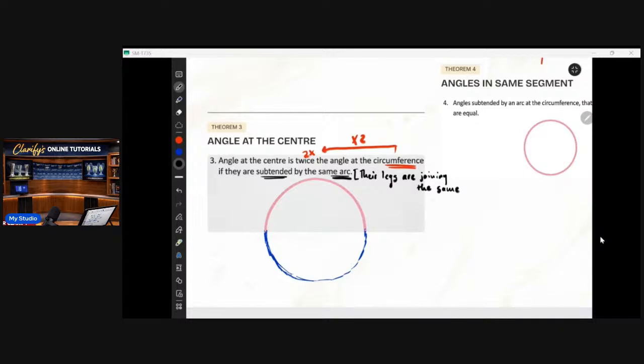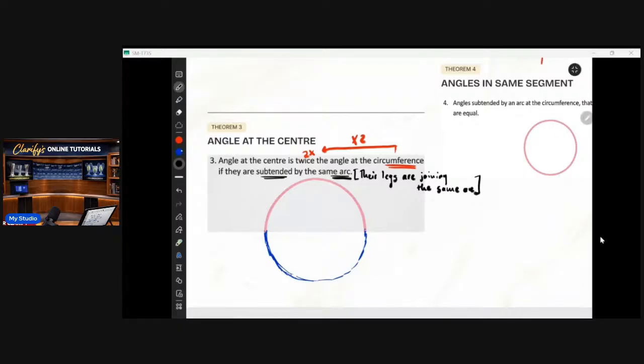Let's see what we mean. We are going to follow the legs of every angle. When we are doing this chapter, we should know what arc is subtending it. So every angle is made by some type of arc. If these angles are being made by the same arc, and one is at the center, the other at the circumference, then the one at the center is 2 times the one at the circumference.